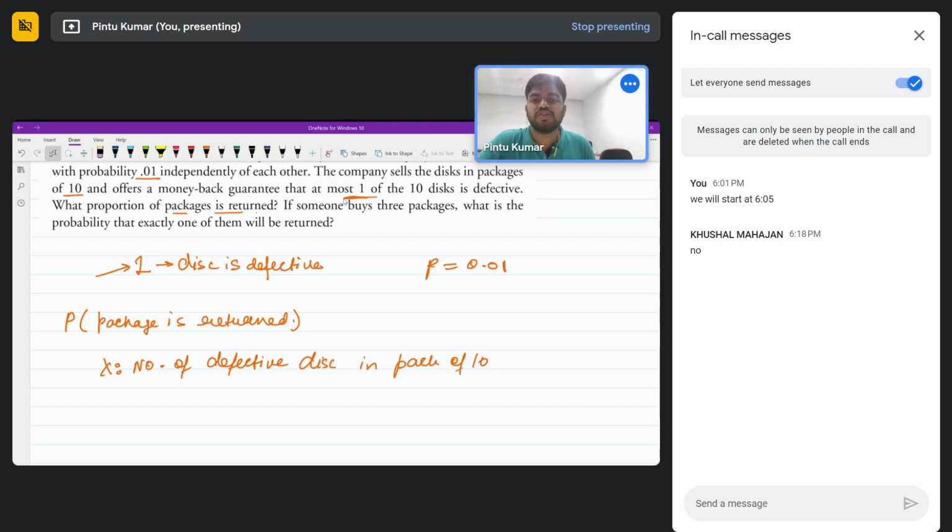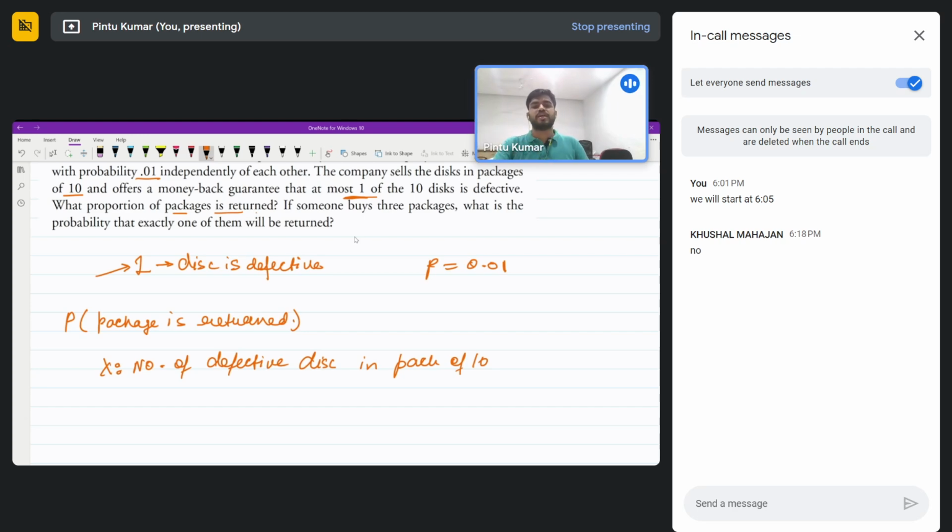Okay, it should be at least, I guess. Yeah, the question should be that if at least one of them is defective, then you should get the money back.